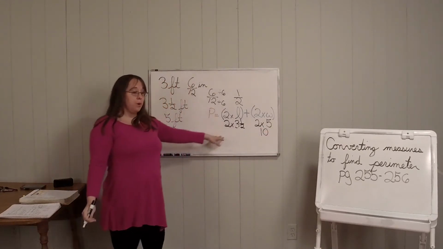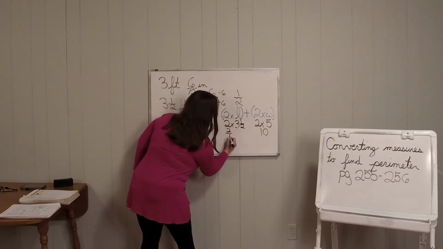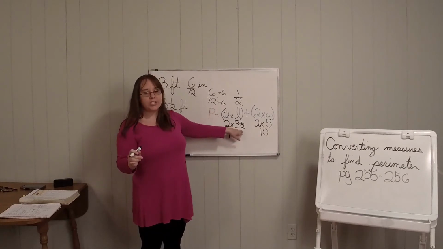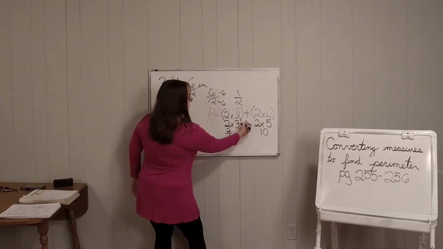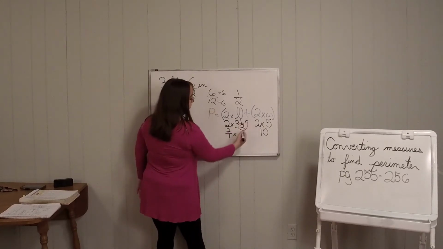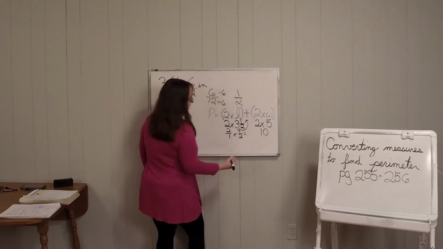Then we can multiply this, so we say 2 over 1. How do we change a mixed number into a fraction? Multiply and then add, remember? Multiply, add. 3 times 2 is 6, plus 1 is 7 over 2. Well, look at that.